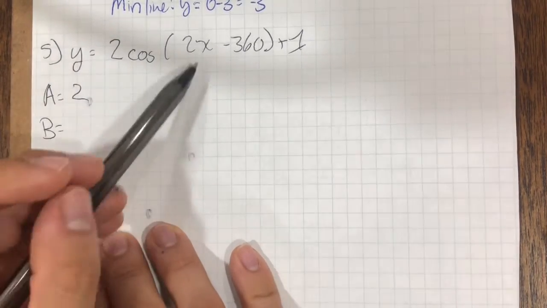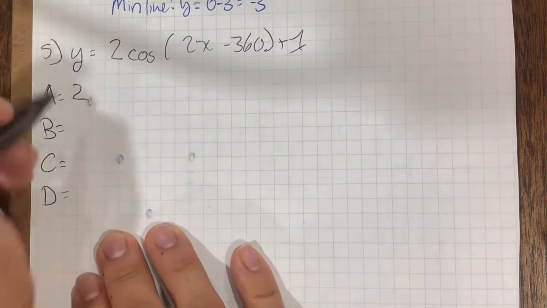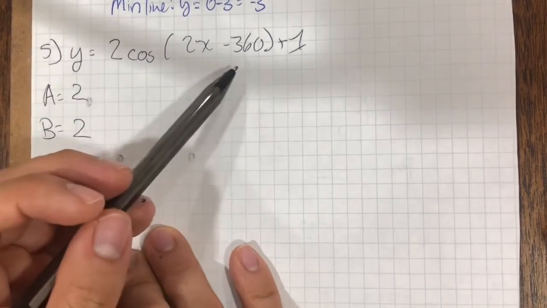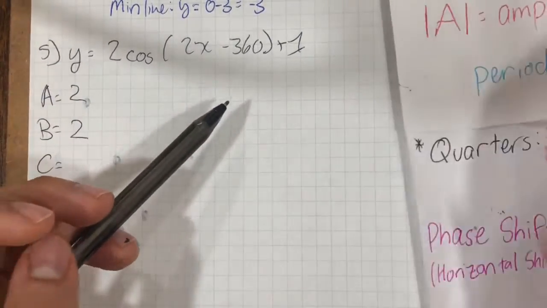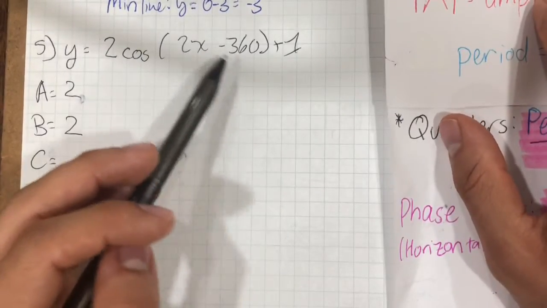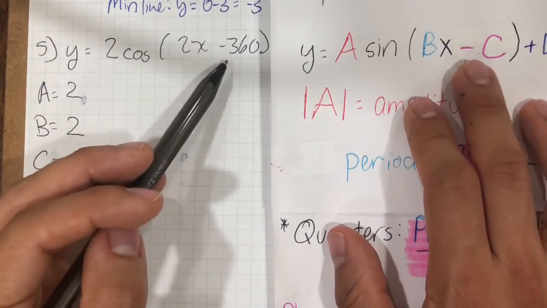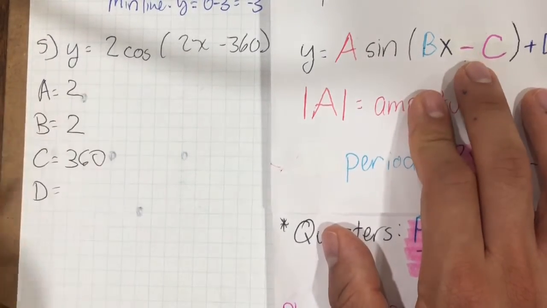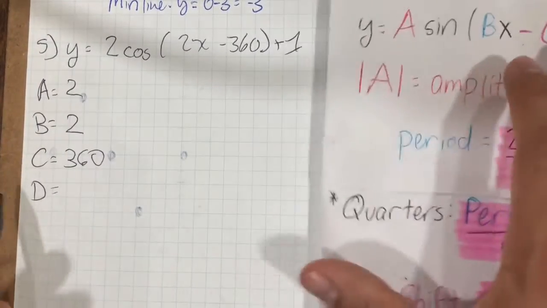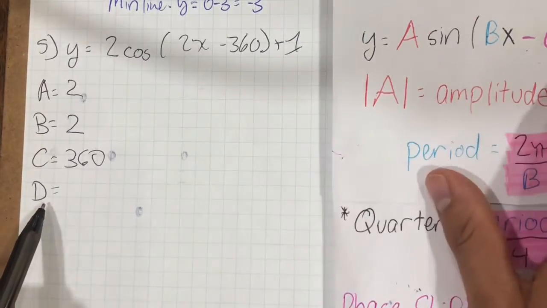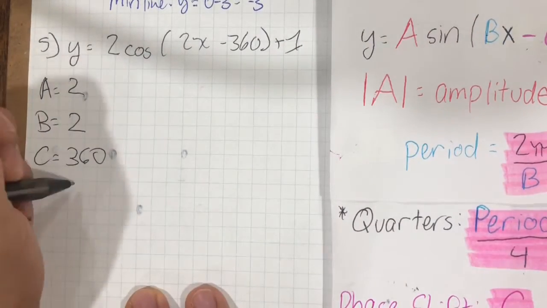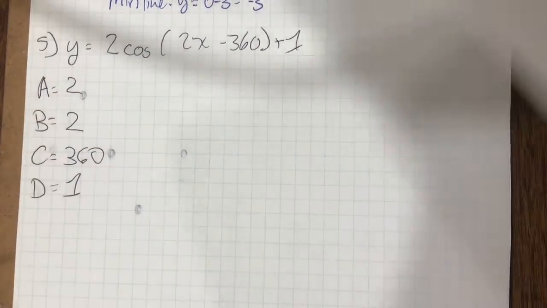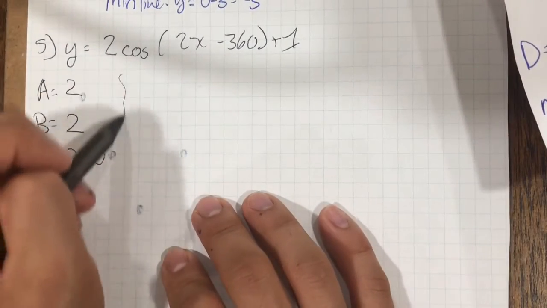My B, there's a number in front of x, which is 2. My C, there is a 360, and luckily the sign did not change, so this 360 is a positive. And for D, we have 1, so D is going to be a 1. All right, so I have all my 4 numbers.